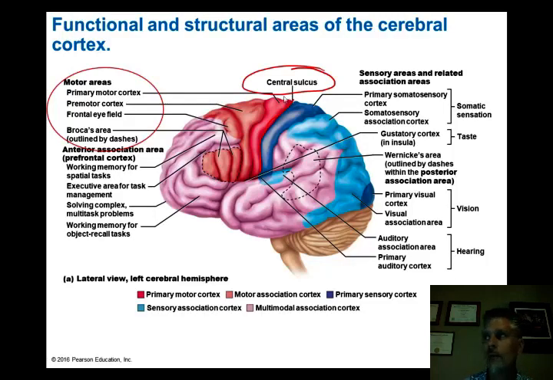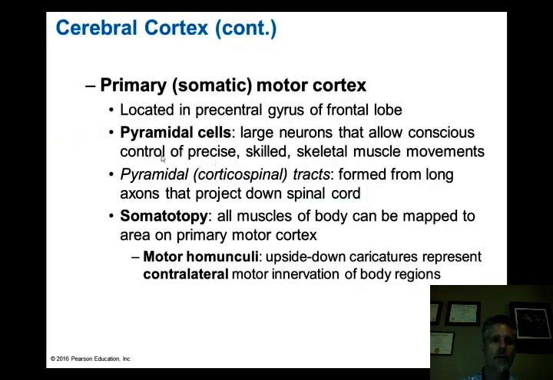And so that one gyrus that we see right there, anterior to it, is the primary motor cortex. Then we see the premotor cortex that comes right before that, the frontal eye field, as well as an area that's called Broca's area.